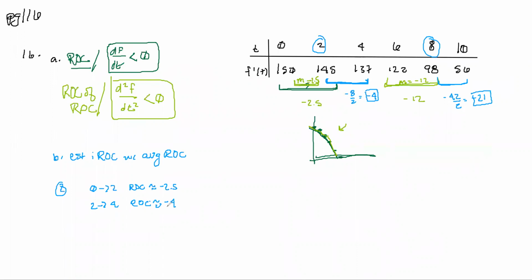And we average them together to get negative 3.25, or just the estimated rate of change. And I would say that is good enough for government work, and call it a day.